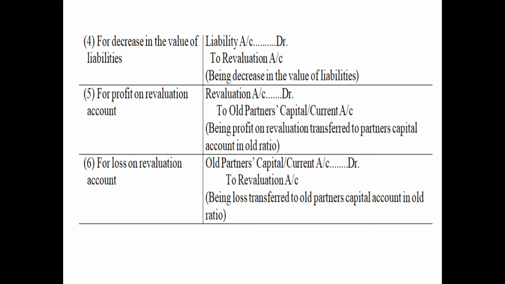Therefore, we have debited old partners' capital or current account. And what is to be credited? That is revaluation account. So the entry for loss on revaluation will be old partners' capital or current account debited to revaluation account. The narration can be, being loss transferred to old partners' capital account in the old ratio.